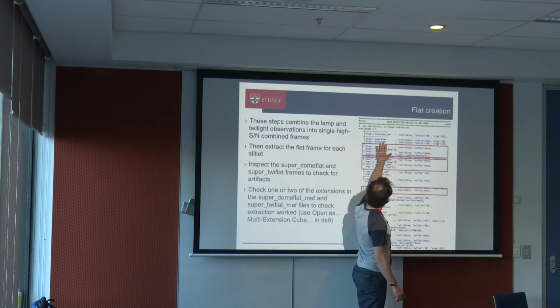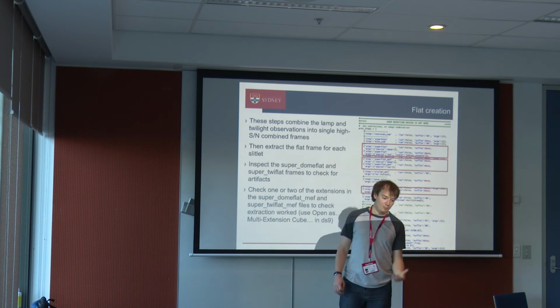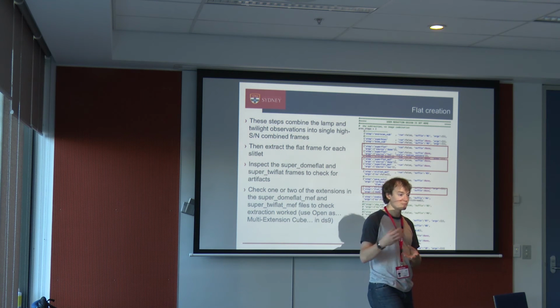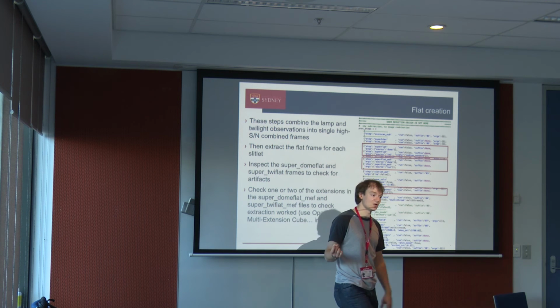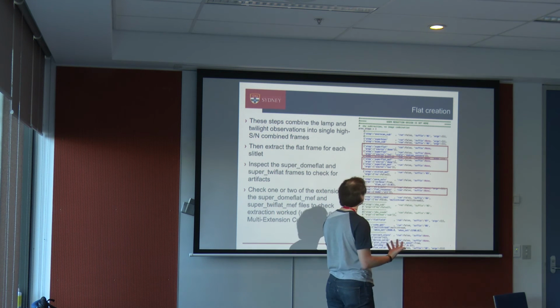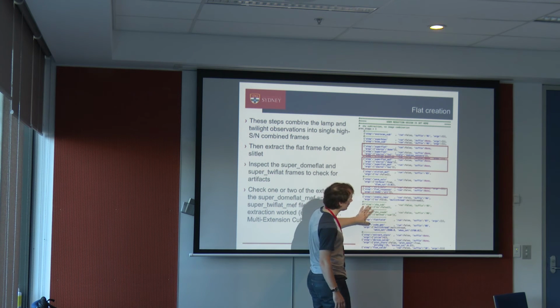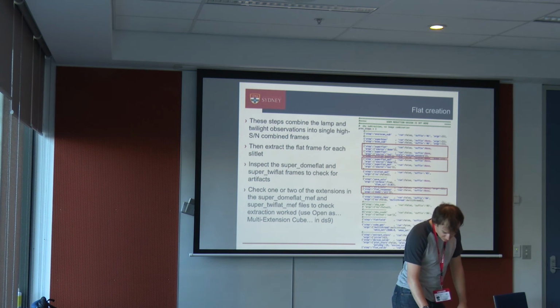So say I wanted to do my bias subtraction, but I hadn't done my overscan. The pipeline will say, well, for this one I want a file with a subscript P01. None of those files exist. I'm not doing this until you've made those files. If you wanted to skip a step completely, rather than just not run a step now, you have to comment them out like this down here. So that's just a useful way of using the pipeline.